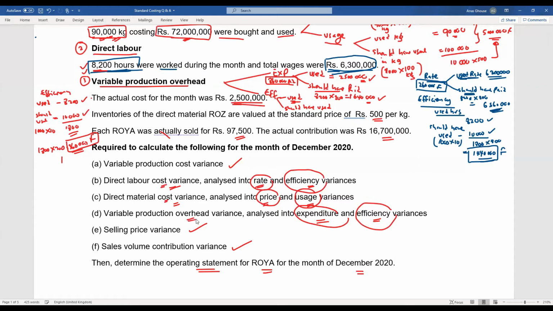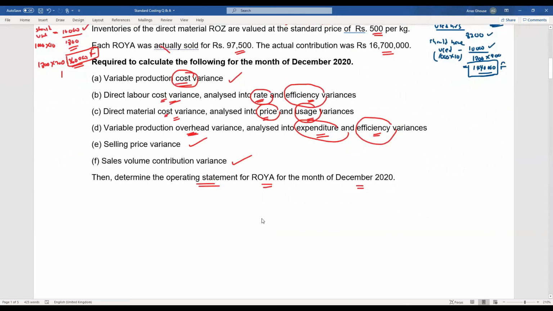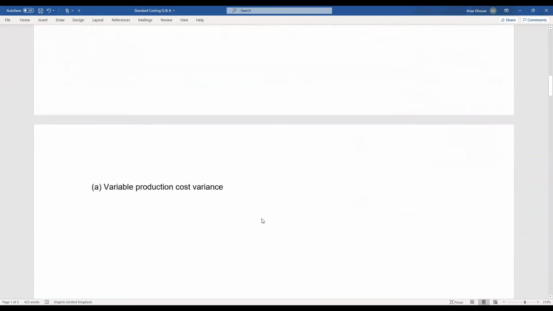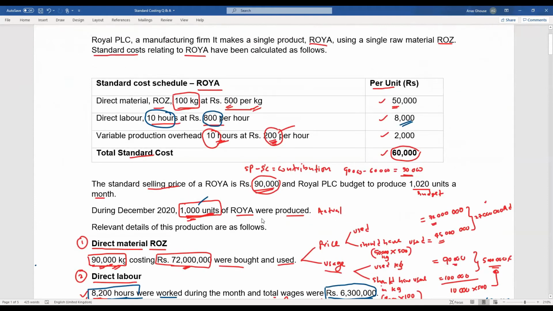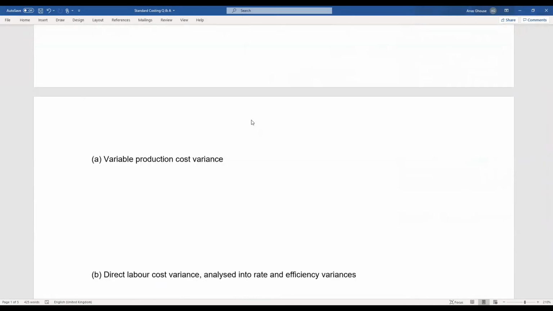So the variable production cost variance and variable production overhead variance. So this is the total production cost variance. Let's move on to the variable production cost variance. The variable production cost is 60,000 per unit, our standard cost.